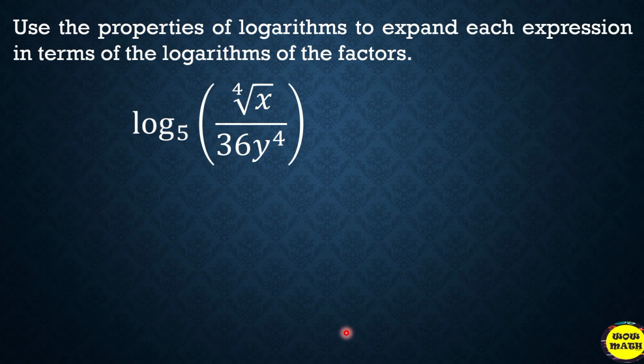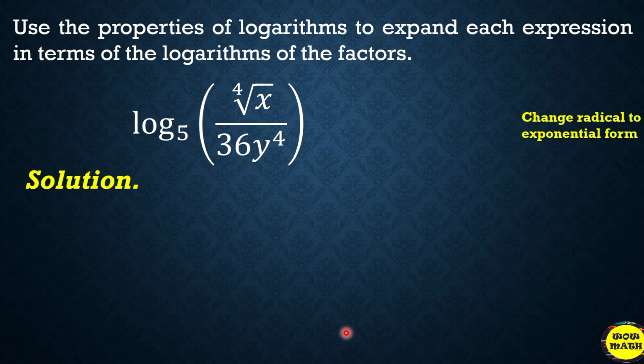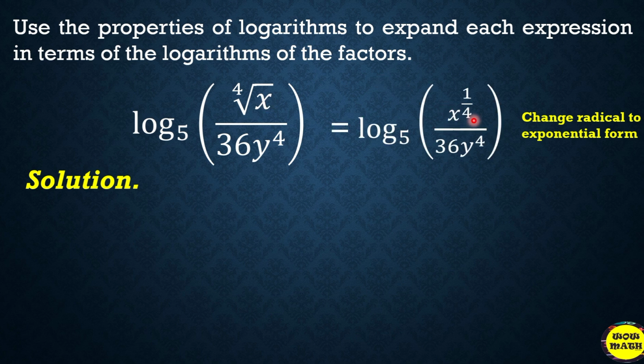So unang gagawin nyo dyan, i-change muna natin yung radical sign natin, itong sa numerator natin, to exponential form. So, paano ba natin i-change into exponential form? So, ano yung exponent ng x? That is 1 over 4. So, x raised to 1 over 4 all over 36y to the 4th power.